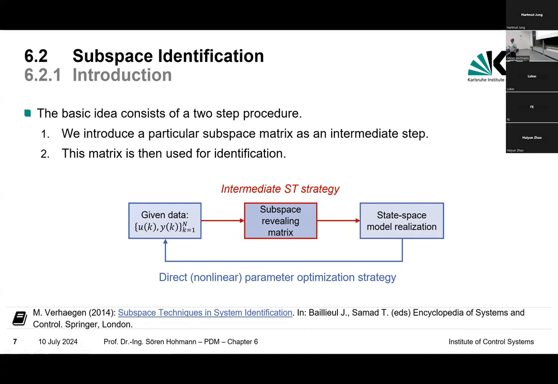This is different. Second, what is different? Subspace identification directly targets the state space system, not the input-output realization by means of a transfer function. So we are looking at an input-output state space system. So what is our target?